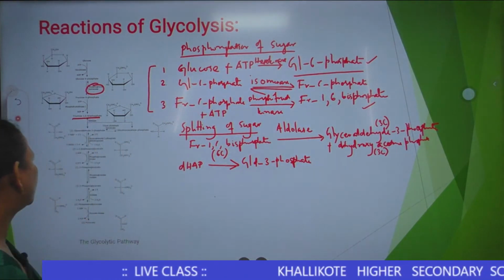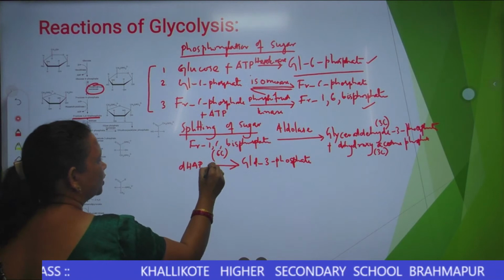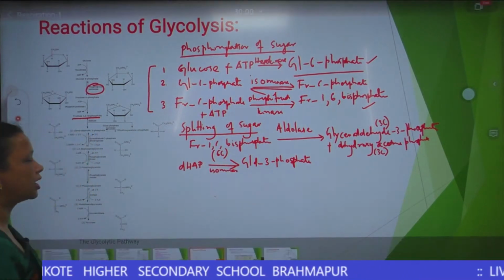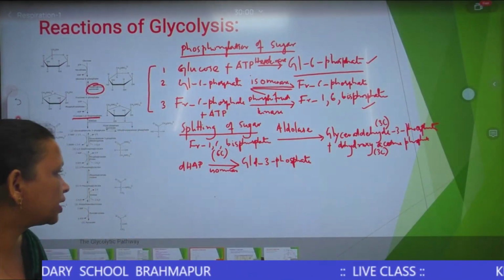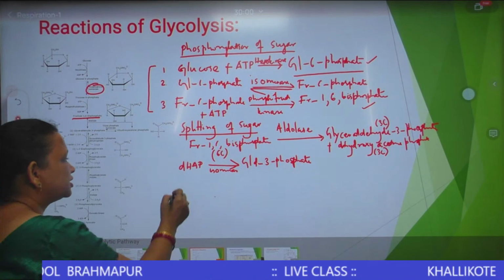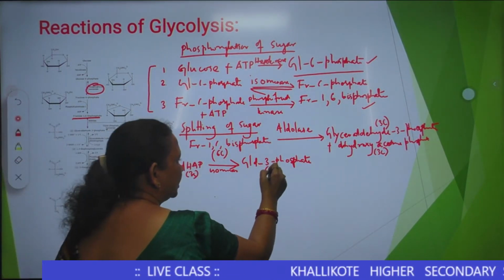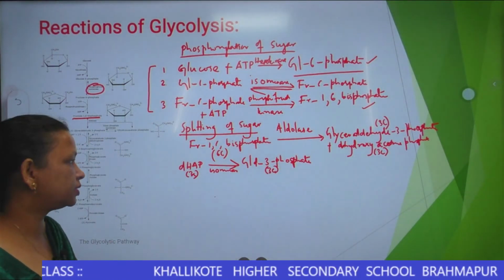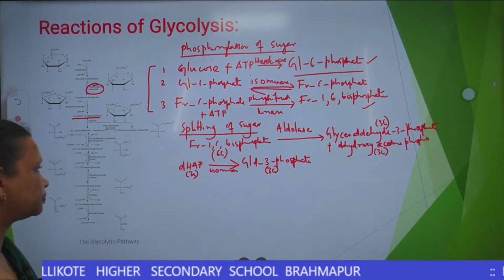So here what is the enzyme? It will be again an isomerase. It is triose phosphate isomerase. So, this is an isomerization reaction: this is a ketone sugar with 3 carbons, and this is an aldehyde compound with 3 carbons. So the functional group is changing and there is an isomerization reaction.